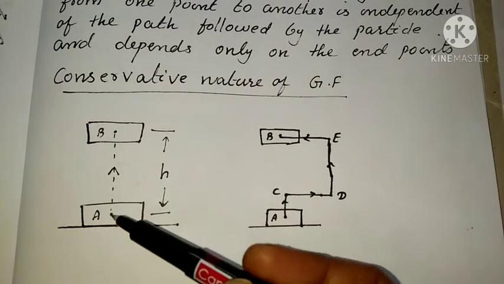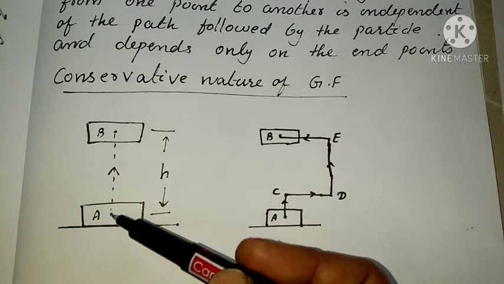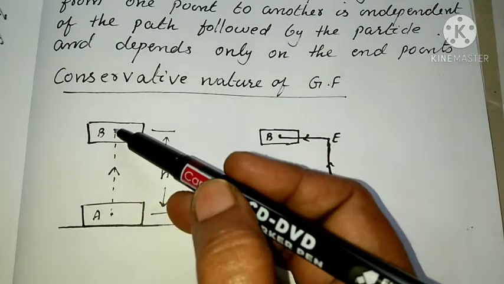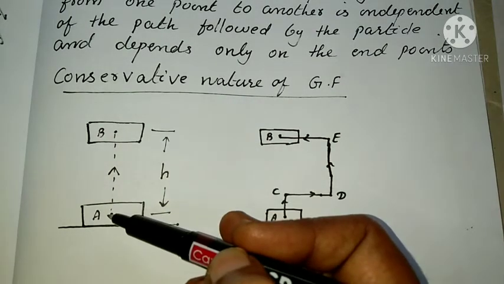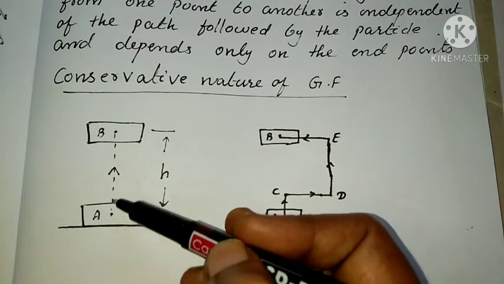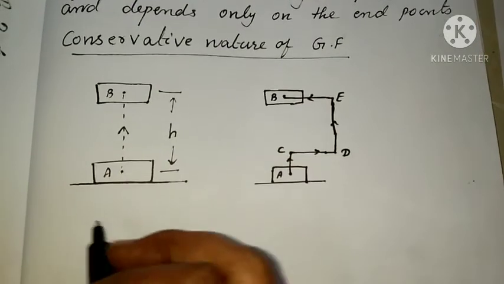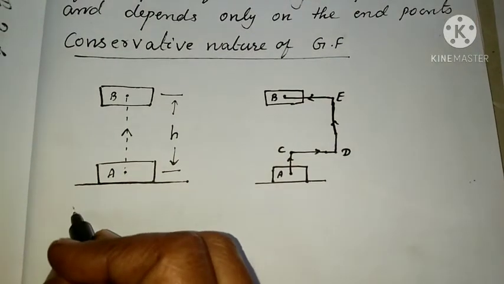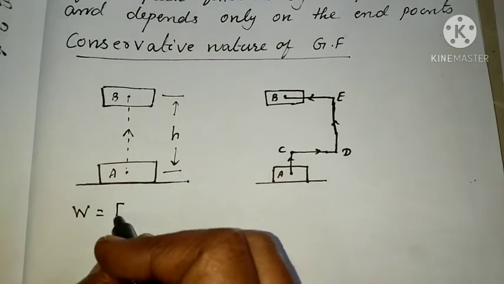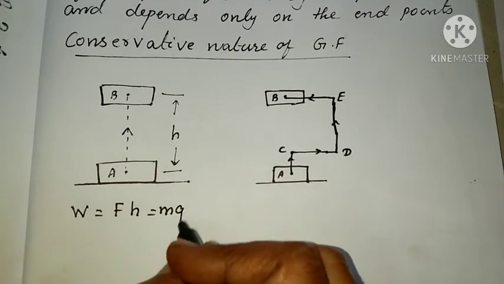Here, suppose a body of mass m is raised to a height h vertically upwards from point A to point B. So what is the work done against gravity here? That is equal to mgh, that is force into the displacement.